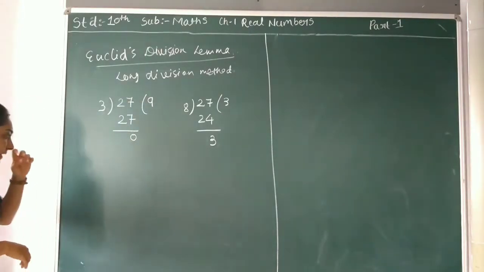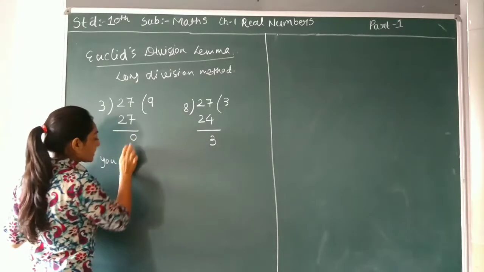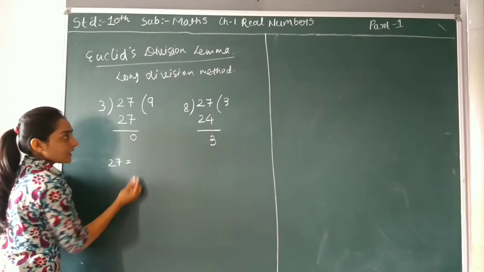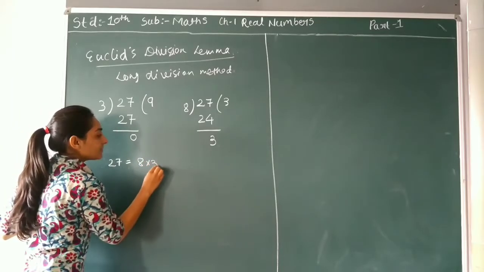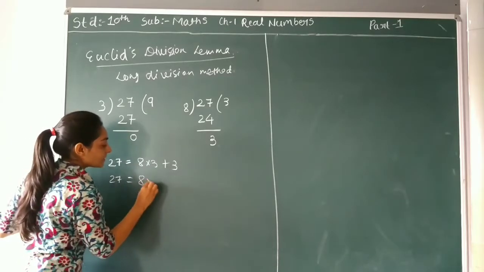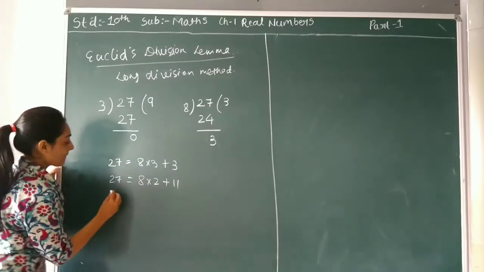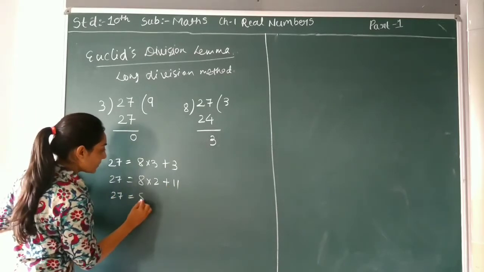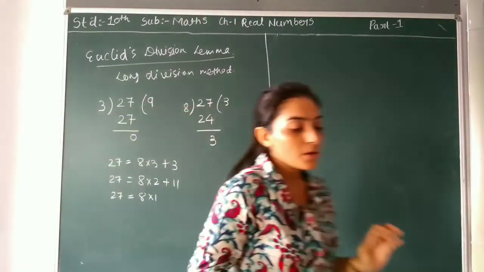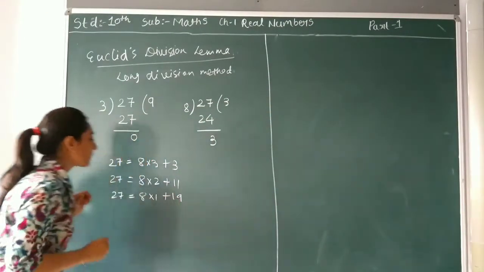So can you tell which one is the correct one? 27 equals 8 multiplied by 3 plus 3. Now 27 equals 8 multiplied by 2 plus 11. Now 27 equals 8 into 1 plus 19.